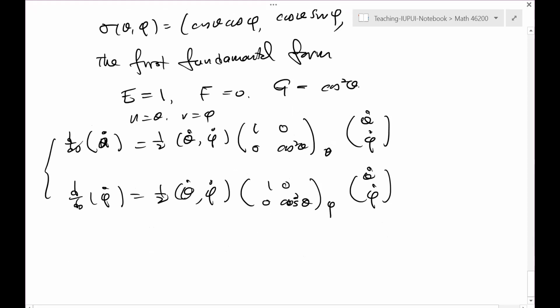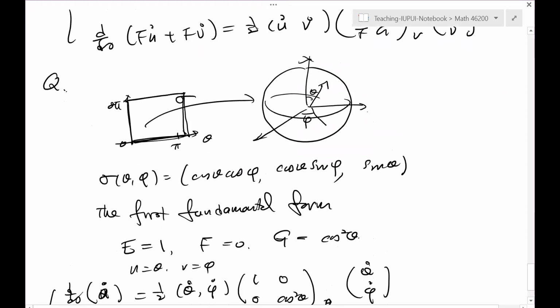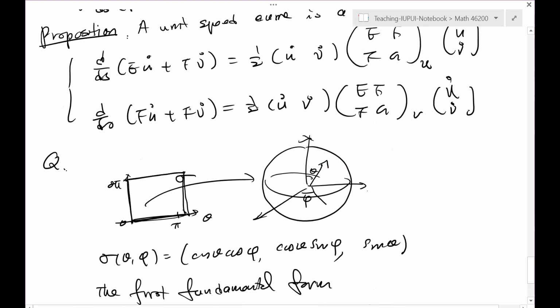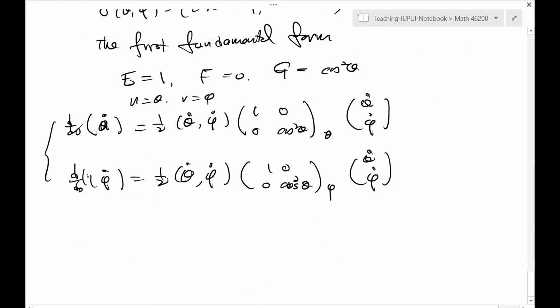Let's simplify. This is G. G is cosine square theta.